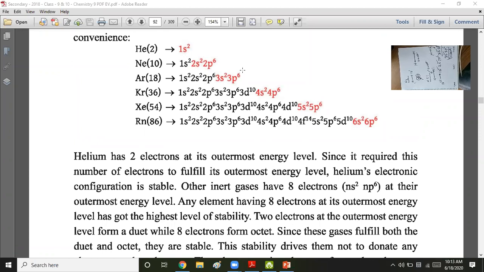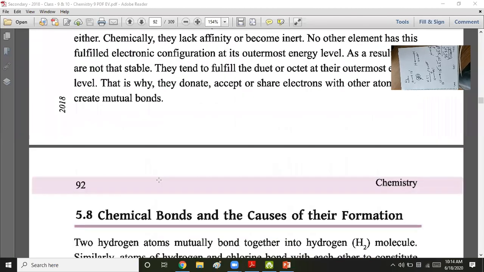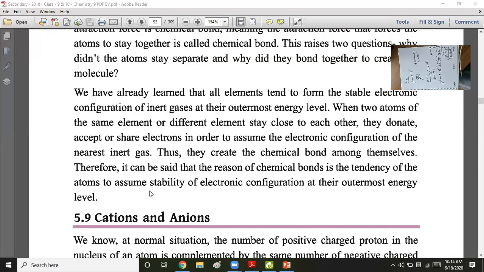If chlorine accepts 1 electron, then it looks like this electronic configuration: 2, 4, 10, 12, then 17 plus 1, that means 18. So chlorine achieves the electronic configuration of argon. So it becomes stabilized. Thus they can create the chemical bond among themselves.